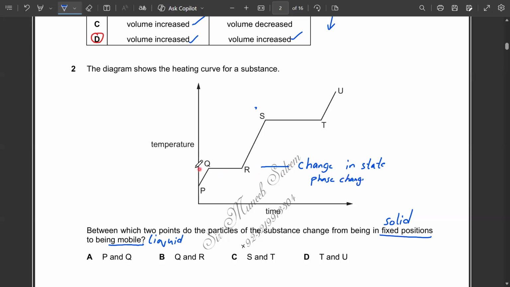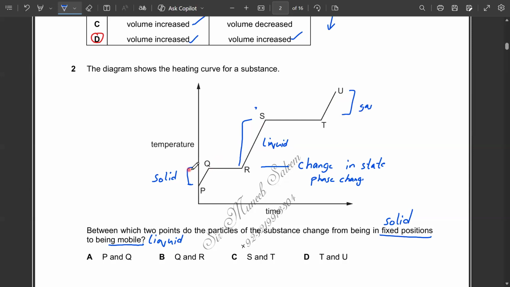We know that the portion P to Q is the solid state, and this increasing line, which shows an increase in the kinetic energy, represents the liquid state, and this U to T indicates a gas state.